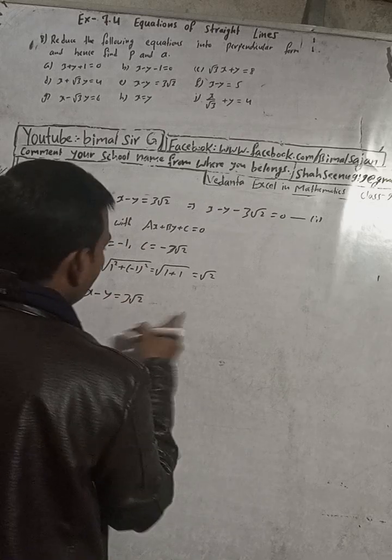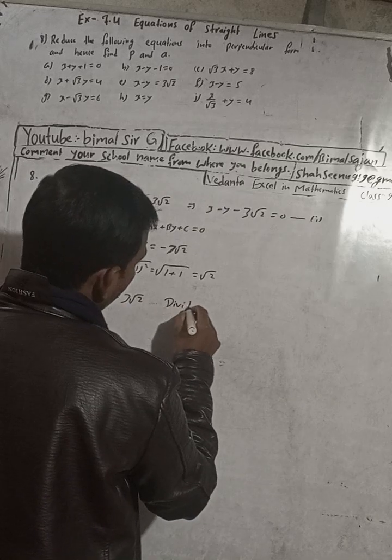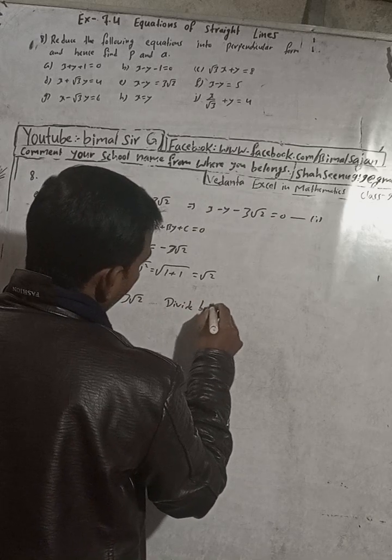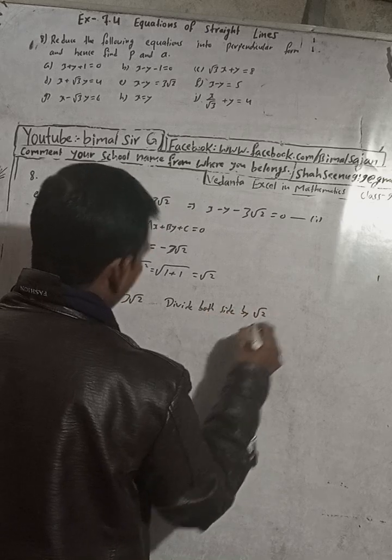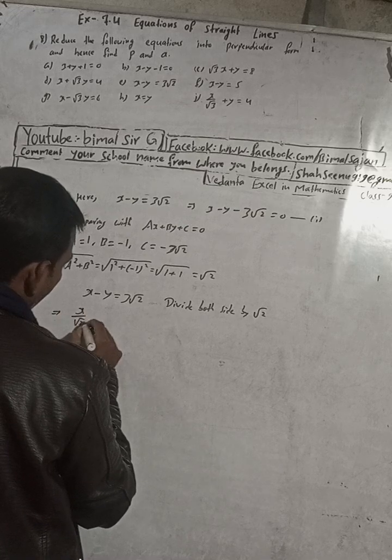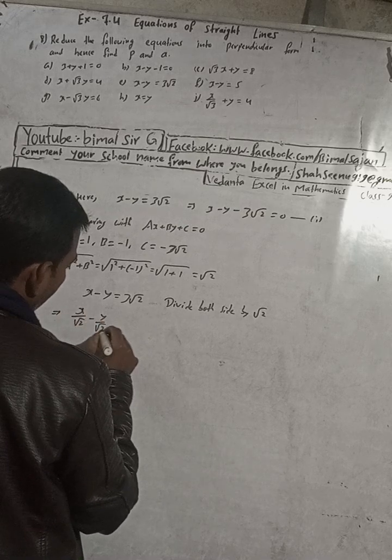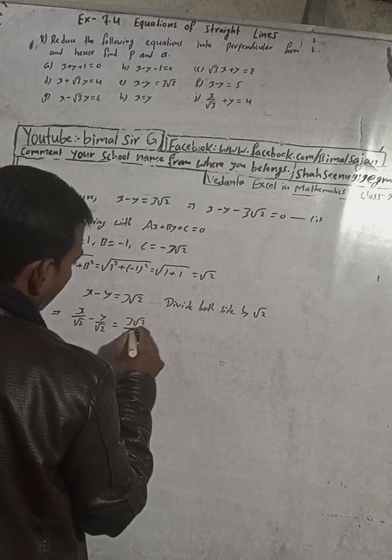Divide both sides by root 2. So x by root 2 minus y by root 2 is equal to 3 root 2 by root 2.